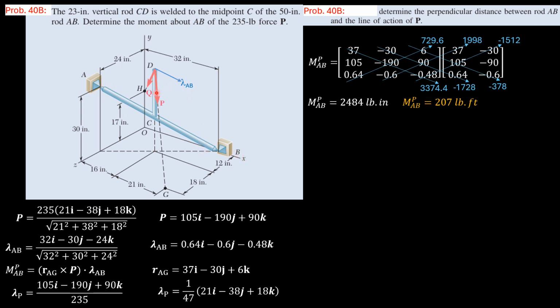The component of P would be P cosine of the angle between lambda AB and lambda P. This is P, and this is the unit vector of P. We can find the angle between them, and I denote that with theta.